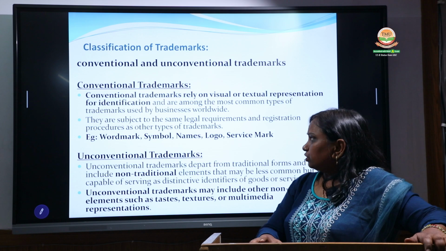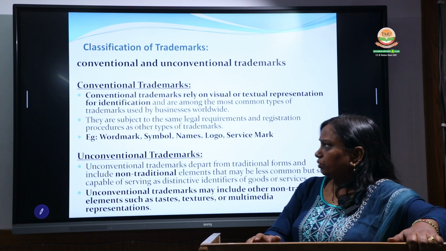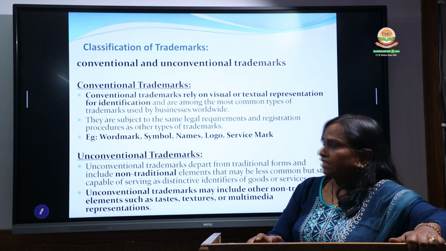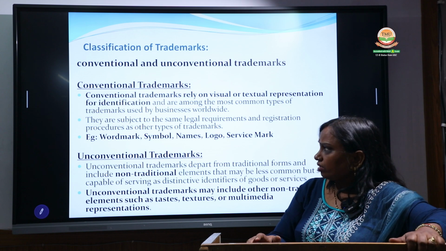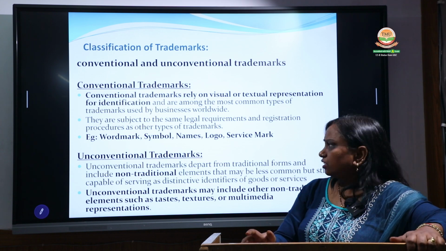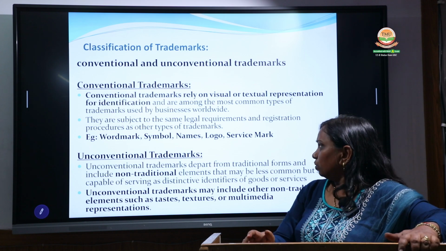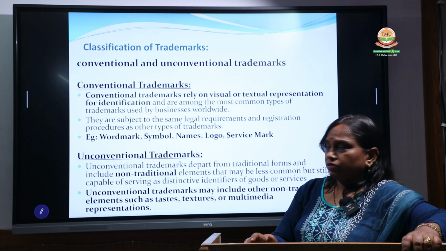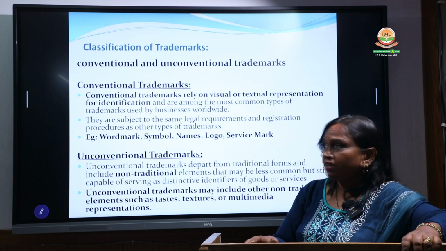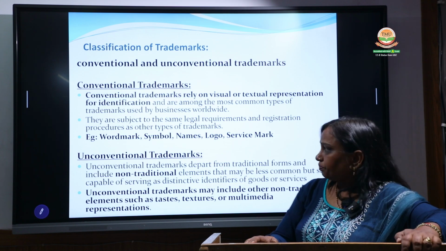They are subject to legal requirements and registration procedures like other types of trademark. Conventional trademarks include any word mark, any symbol, any name, logo, service mark. So that is called the conventional trademark.